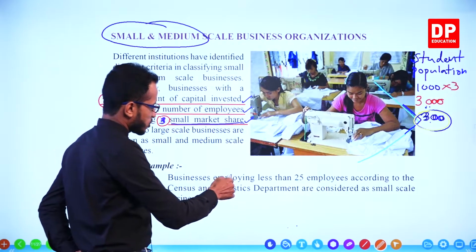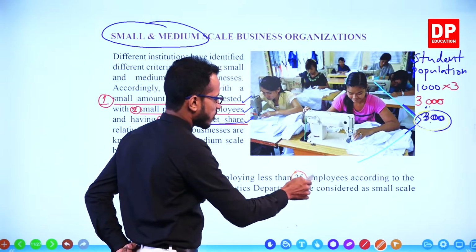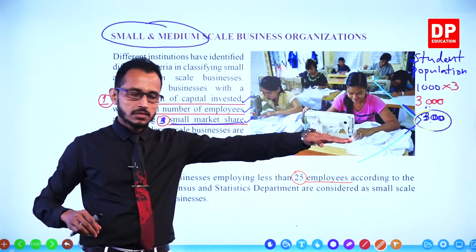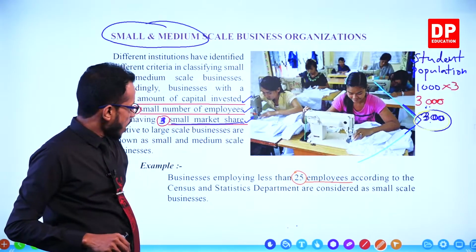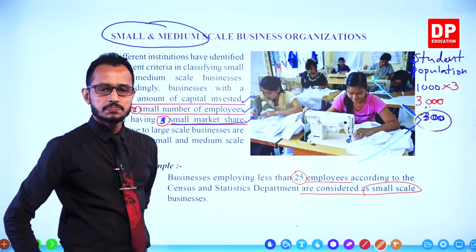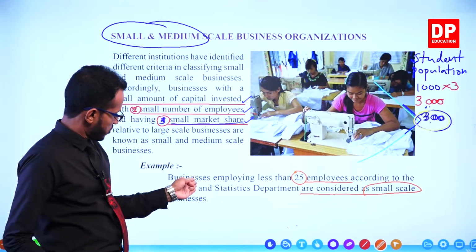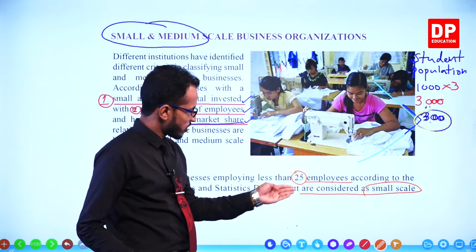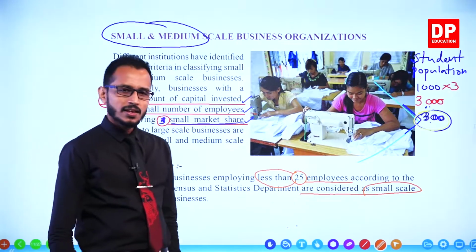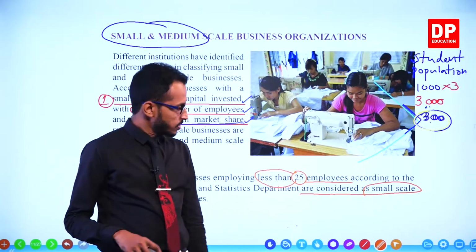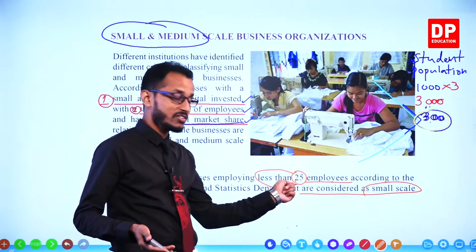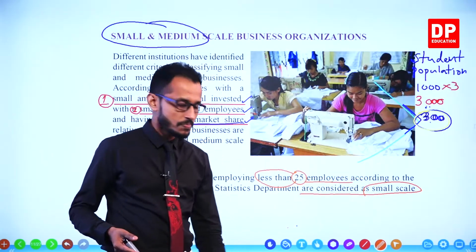A business which employs less than 25 employees, that is the benchmark, the cutoff mark, is considered a small scale business. Businesses employing less than 25, like 2, 3, maybe 10, 12, or 20, or maybe 24, that is a small scale business.